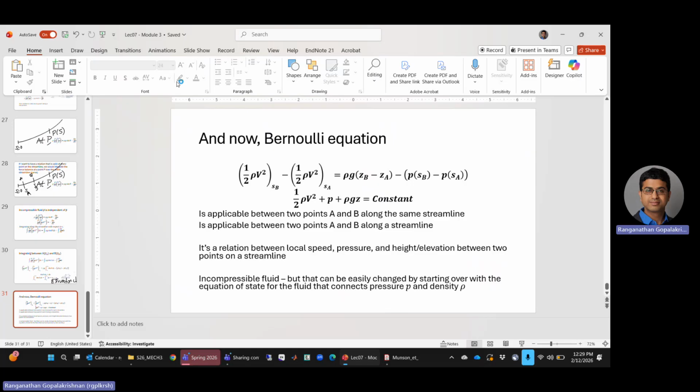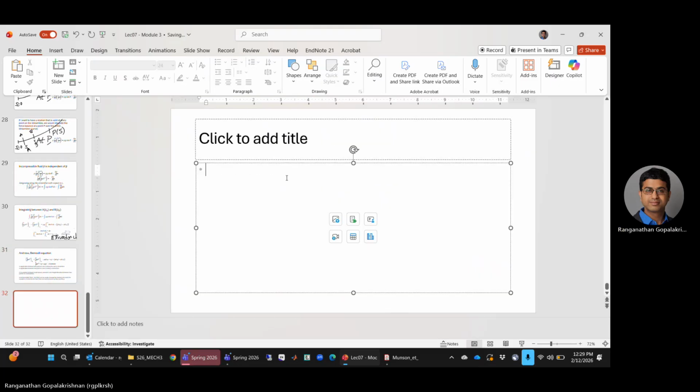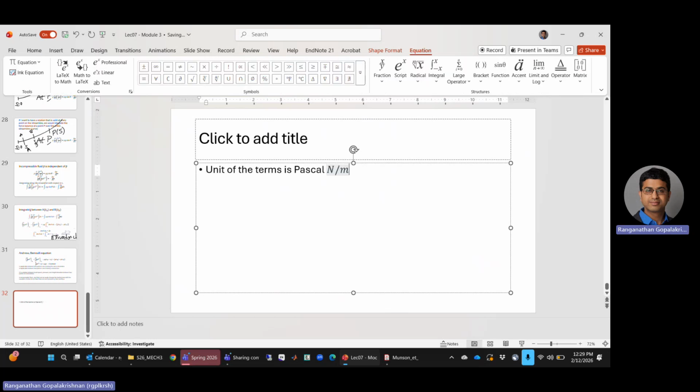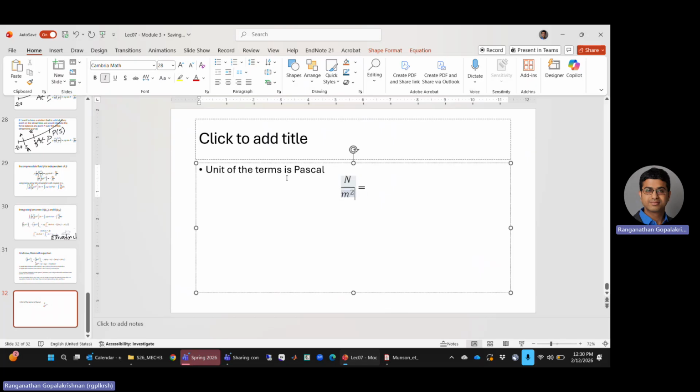Here's a trick. The unit of the terms is Pascal, which is what? Newtons per meter squared. That's what you always know, newtons per meter squared. But if I do a little trickery and say Newton per meter squared is nothing but Newton meter per meter cubed. Can I do that? Newton meter per meter cubed.